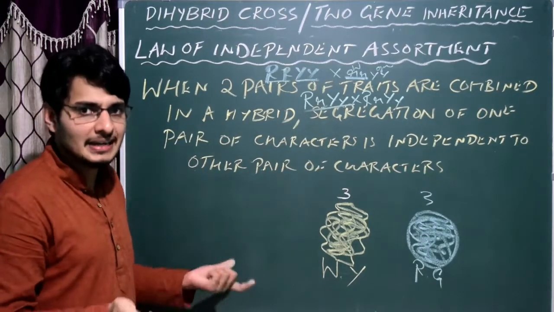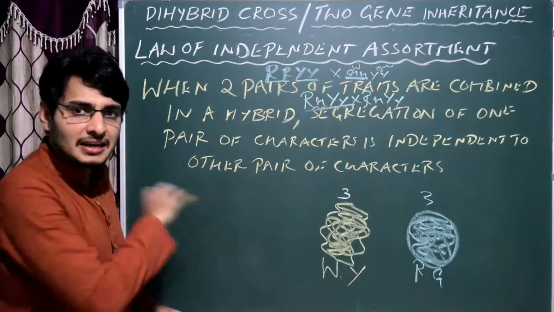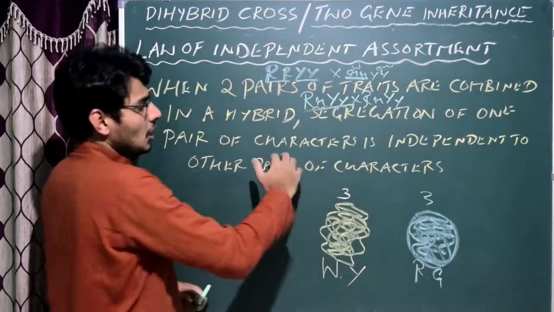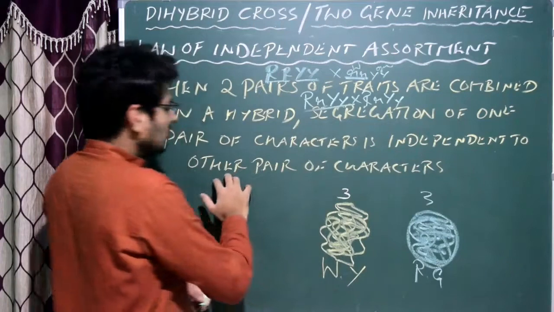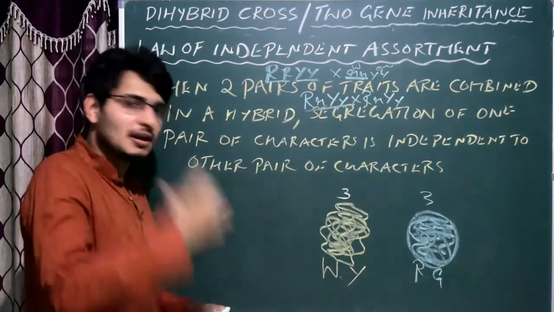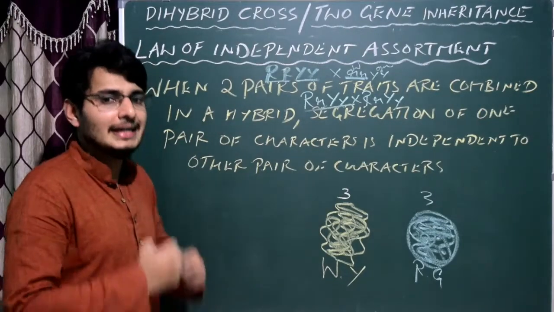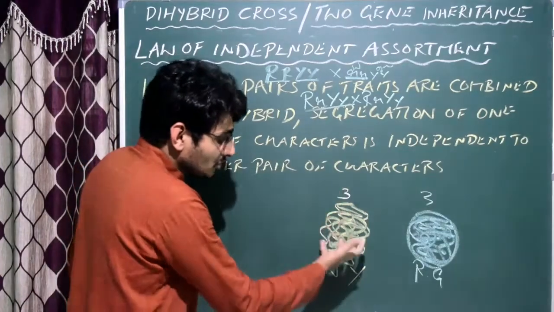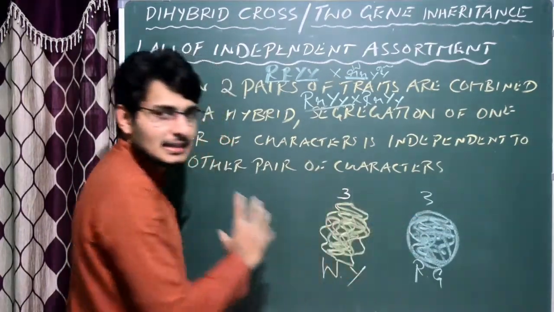Obviously they segregate independently during the formation of the gamete. Correct. Same here. Actually the characters also segregate independently. Okay, characters is independent to the other pair of characters. So that means round and yellow need not always occur together in a seed or a plant actually. It can actually separate from each other. That is the reason why we got a different result in the F2 generation.